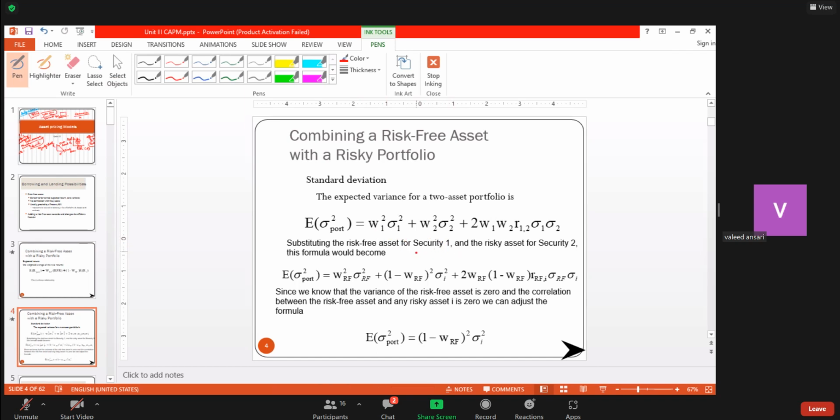If we assume that security one is risk-free, because its variability is zero, anything multiplied by it will go. Then in this formula, this is the covariance. Since security one has zero variability, anything multiplied by it will also go. So what will remain is that the risk of the portfolio will move in line with the risk of the risky securities.